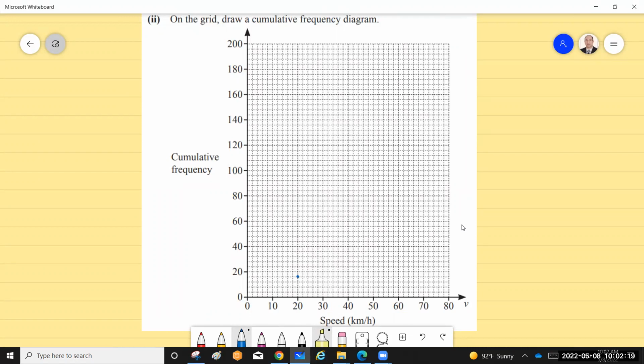After that, 40 and 50, here. And after that, 45, 112, almost here, just 3 millimeters above 100, something here.